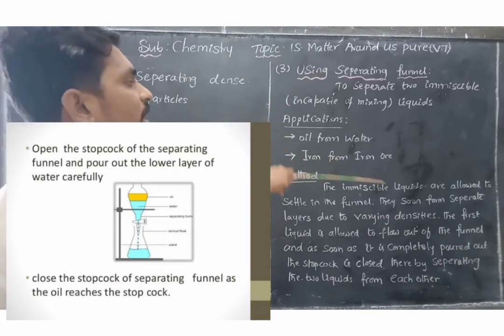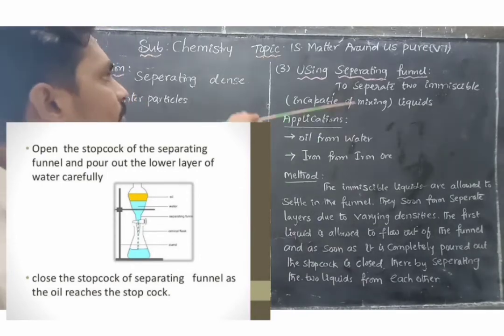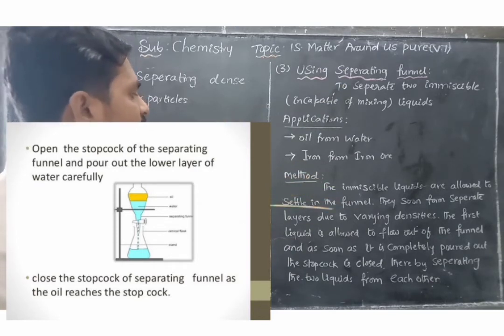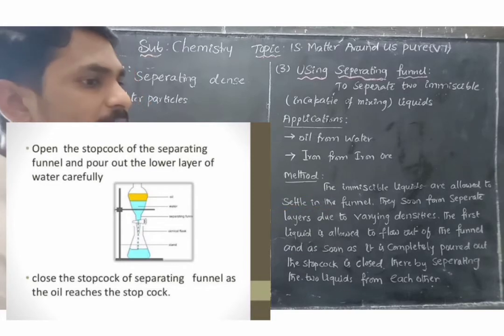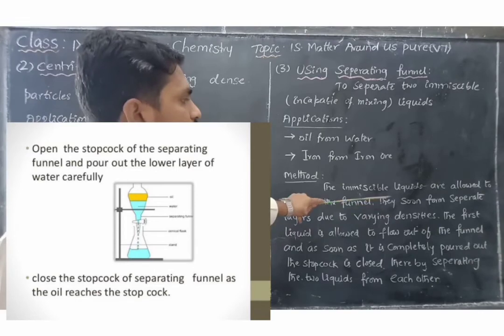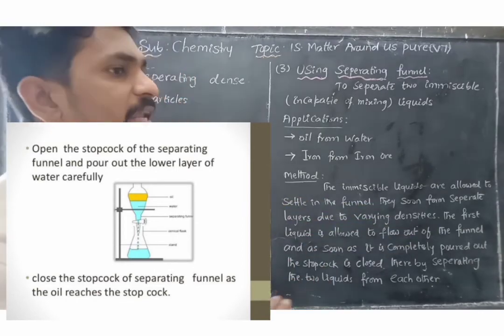Even iron from iron ore. If you take iron ore, iron is within it, and I want to separate the iron particles. What is the method? The immiscible liquids are allowed to settle in the funnel. Immiscible liquids in the funnel soon form separate layers due to varying densities.